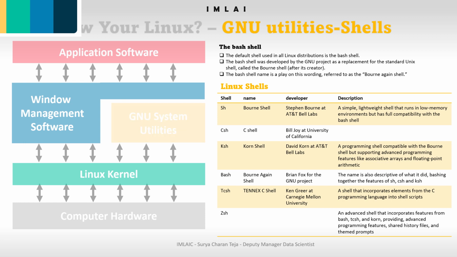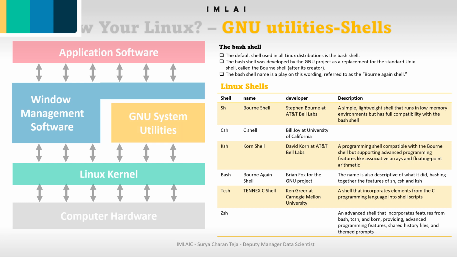The name is also descriptive of what it did, bashing together the features of SH, CSH, and KSH. So whatever functionality or features can be provided by SH, that's the Bourne shell, CSH, that's the C shell, and KSH, the Korn shell, can all be incorporated into a common shell called the Bourne Again shell.